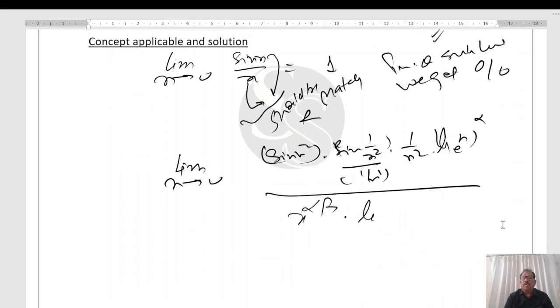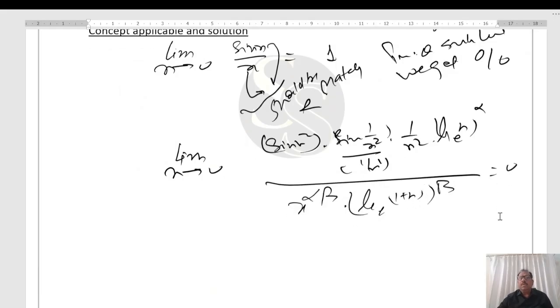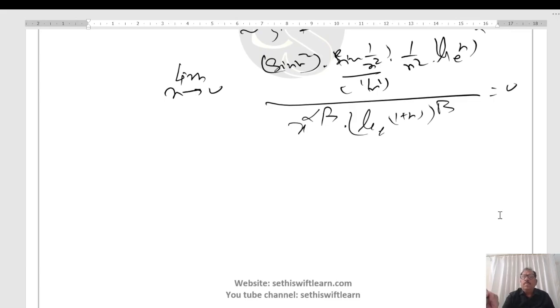E is greater than 1. E 1 plus x power beta equal to 0, right? If we put the limit, this will become 1, right?